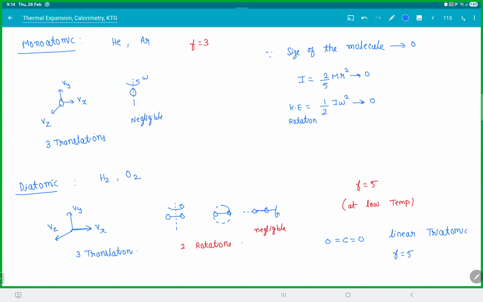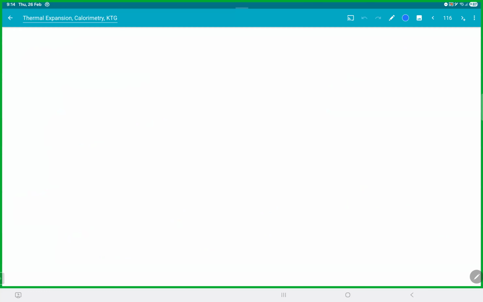Clear with this? Now, if you increase the temperature, something happens here. The molecules will start vibrating. They're already vibrating initially, but we ignore that normally at low temperatures. So they will mention in the question that temperature is high, so he is expecting you to take an additional degree of freedom. Molecules vibrate. Think of it like when you have 2 molecules with a bond, like a block with a spring.